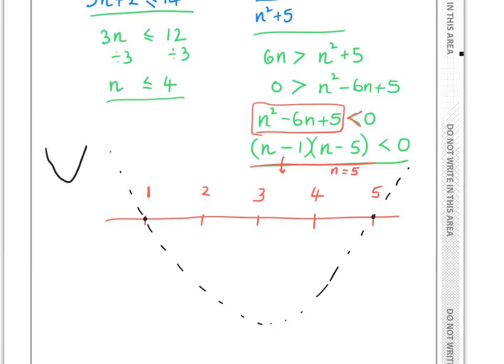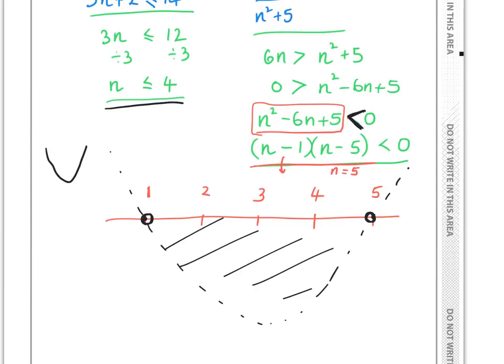Now, where is that less than 0? Well, it's between the 1 and the 5. That's where it's less than 0, i.e. underground, so to speak. Now, I did a hollow circle here because we didn't have equal to, we just had less than.